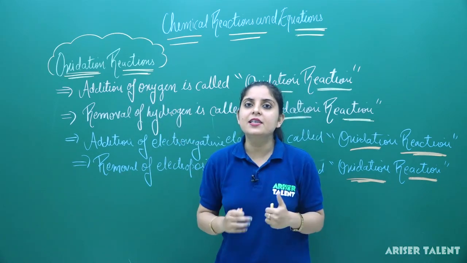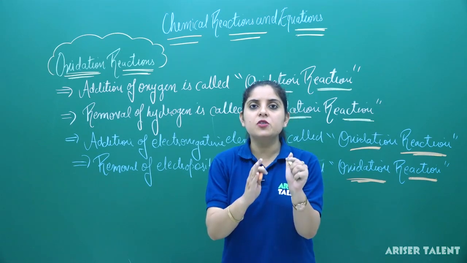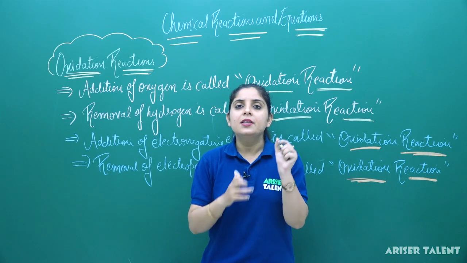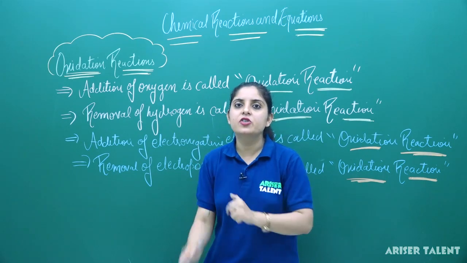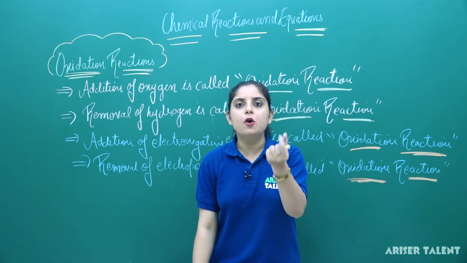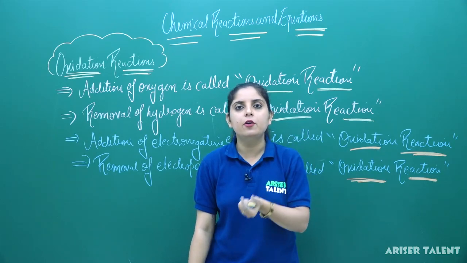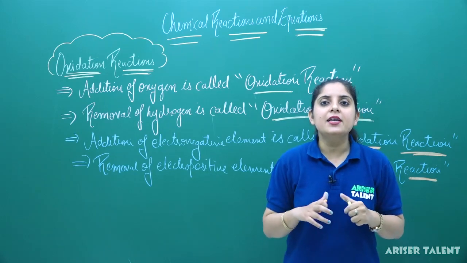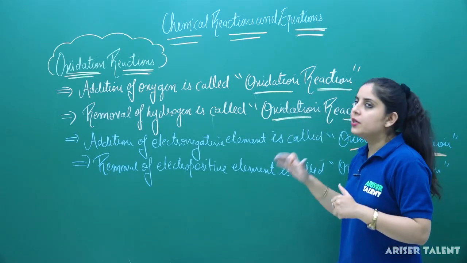Why are we discussing the oxidation reaction? Because we have to study the redox reaction, and for the redox reaction, the concept of oxidation and reduction must be cleared in your mind, because redox is actually a combination of reduction and oxidation only. Clear? So, oxidation reaction is a reaction in which all the four things can occur.